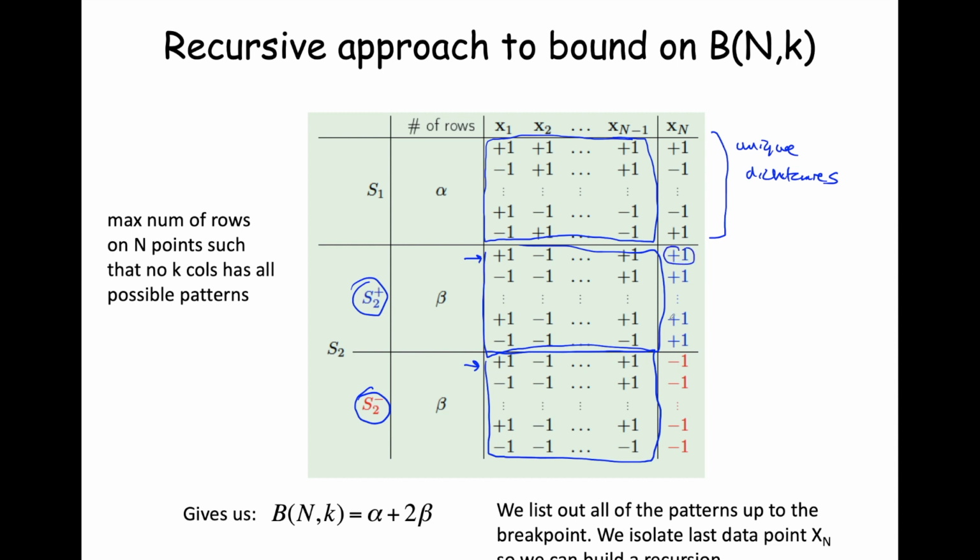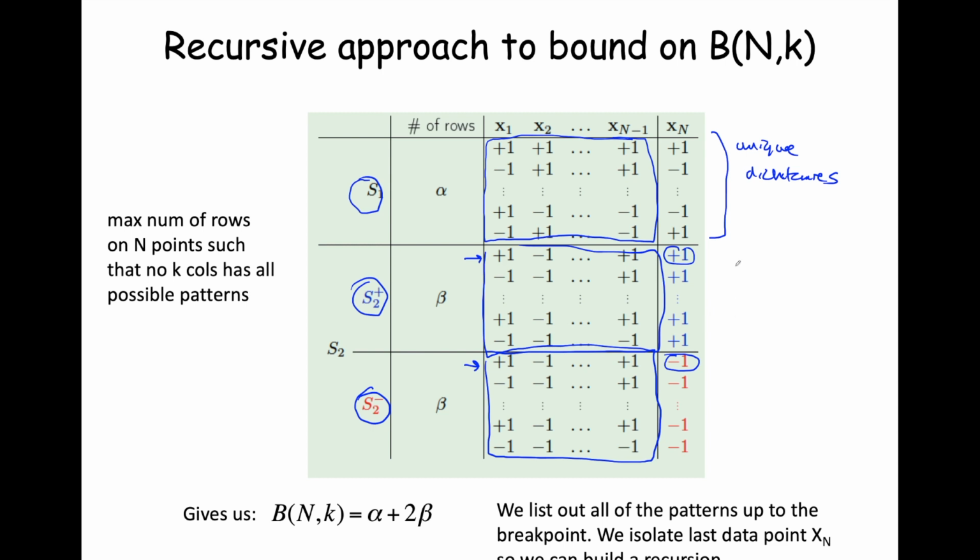This copy has a +1, and that copy in S2 minus has a -1 as that extension, the nth position. So set S1 is a set of unique dichotomies in n-1 positions, and S2 plus and S2 minus are the non-unique dichotomies in the first n-1 positions.